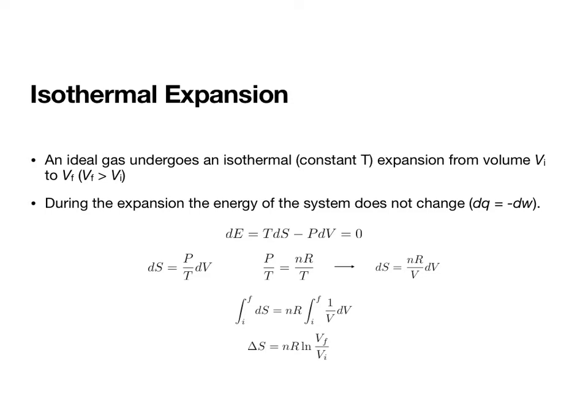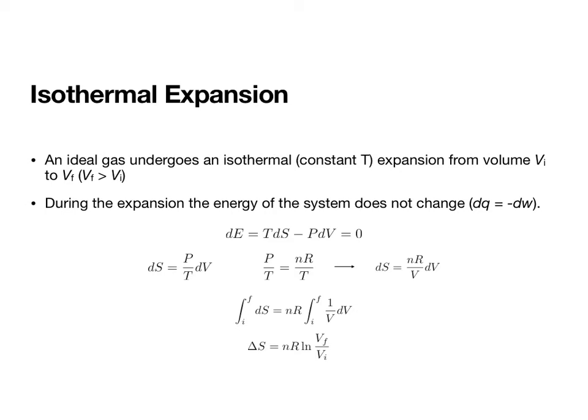During the expansion, the energy of the system does not change. Okay, so this means that the total energy of that system is constant and this happens because there's no interaction between the molecules.